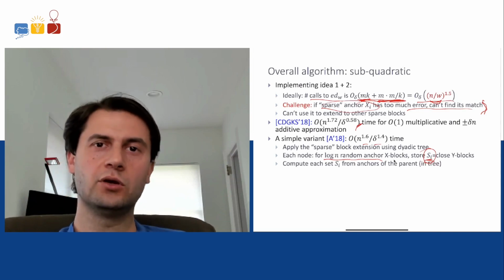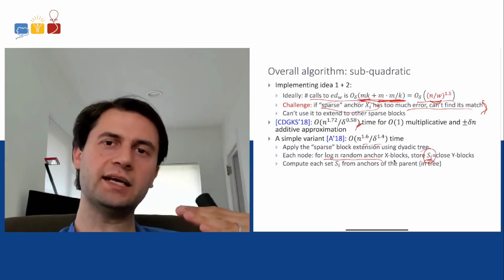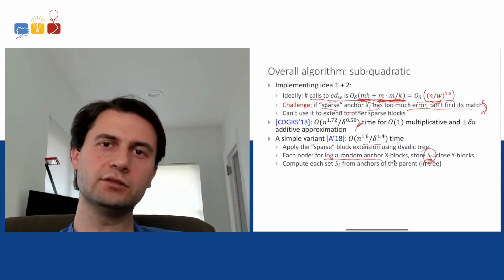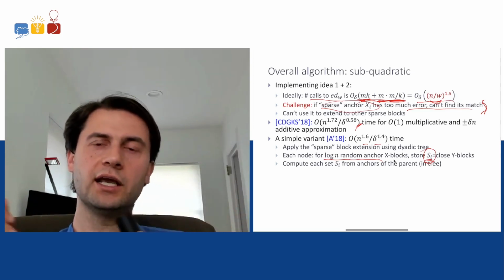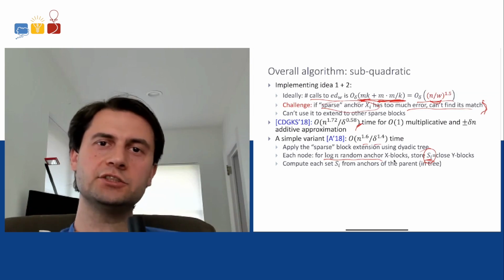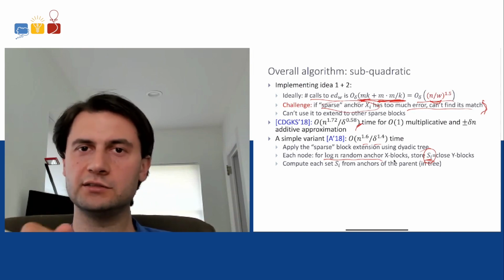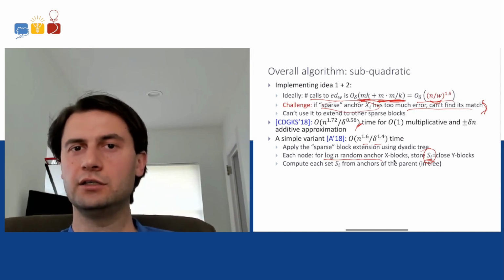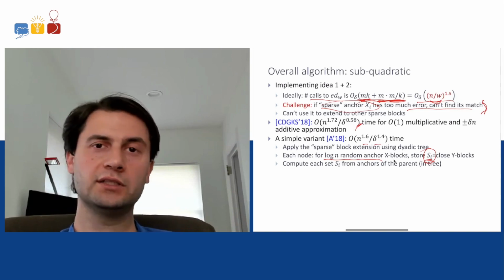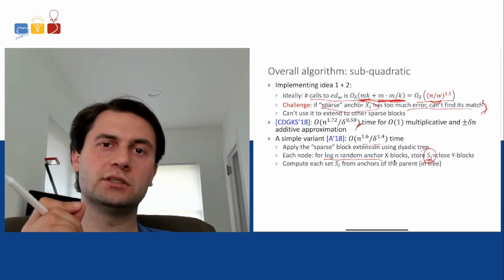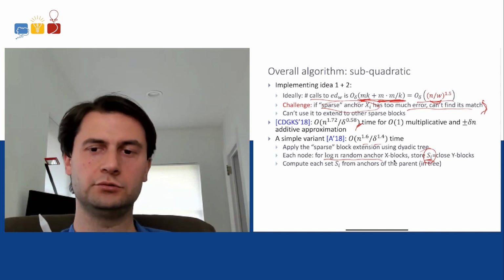Now once we do this for one level, we go to the next level of the dyadic tree. For every node, we again sample the anchors, and we do this extension, but we do the extension from the anchors of its parent. The extension, just as I mentioned on the previous slide, the second option, is done using the anchors which are in the parent of the current node.